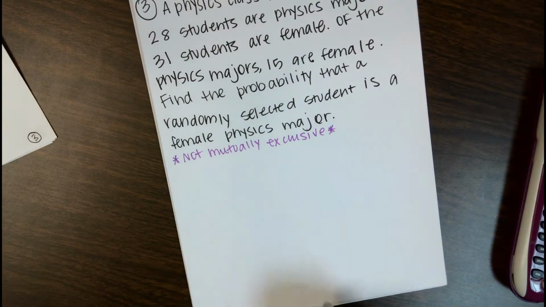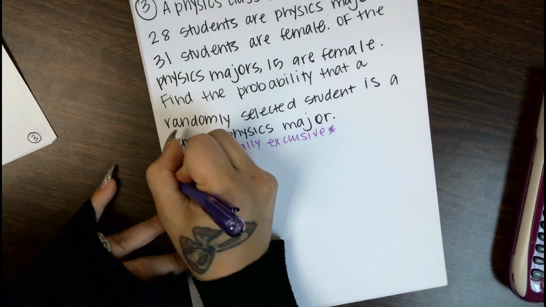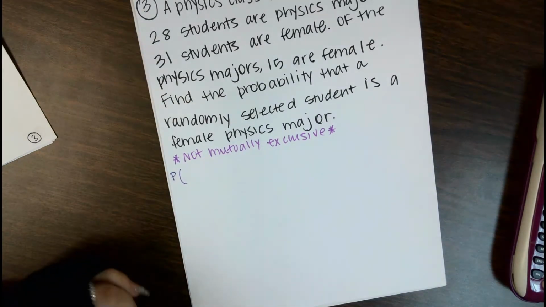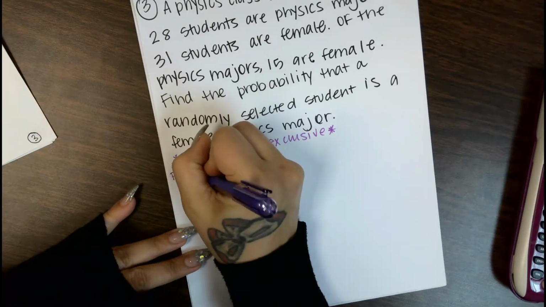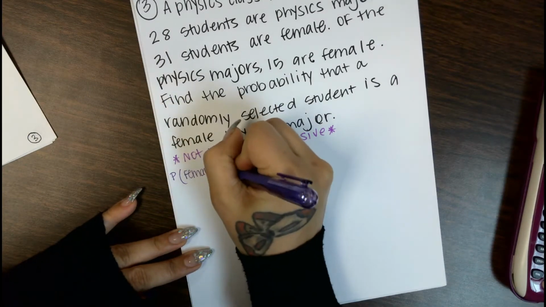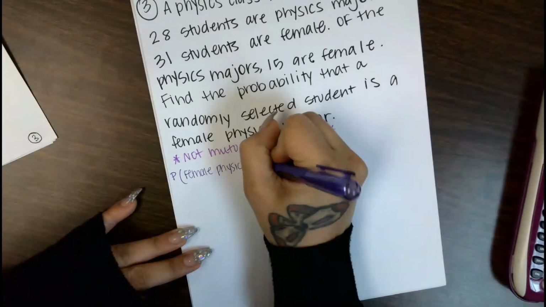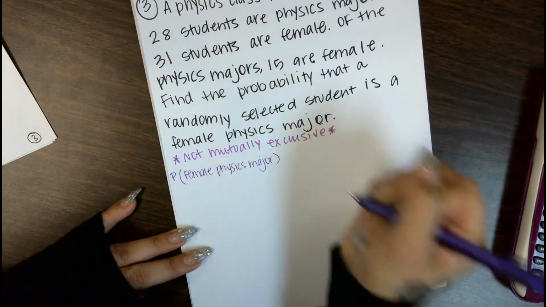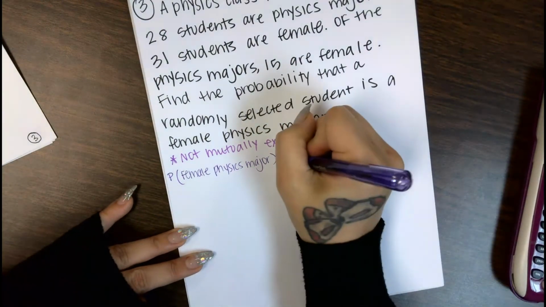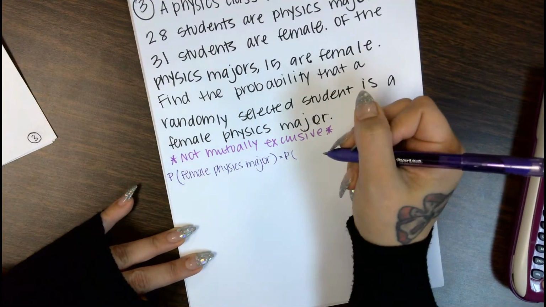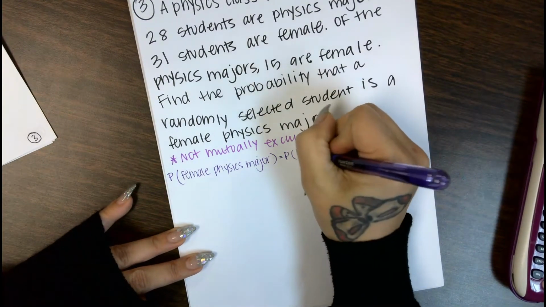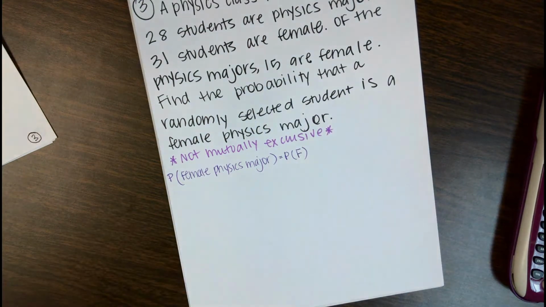So the probability of female physics major is going to be the probability of the first event occurring, which is the probability of female. You can just do capital F, right? And then I add to that the probability of physics major.